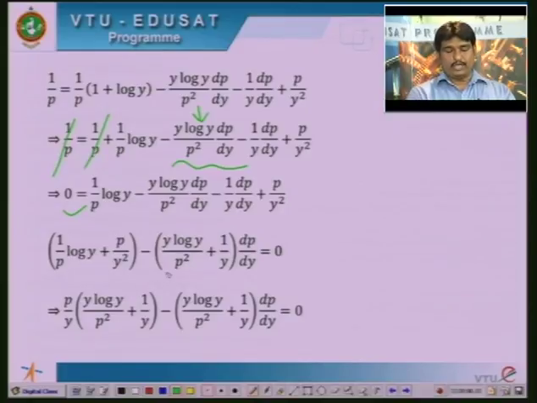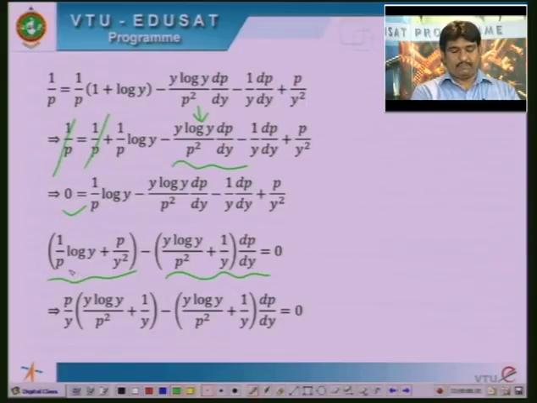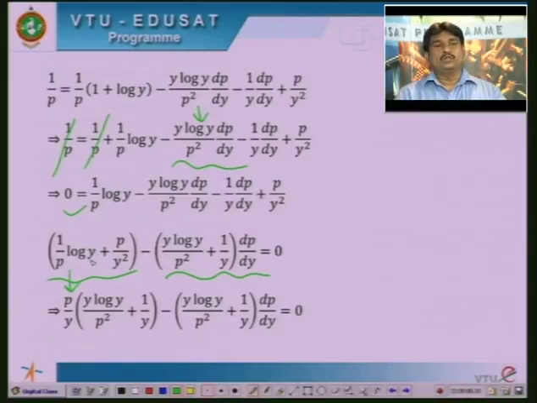Now group, you collect dp by dy terms and write the other terms as they are, and then to get a common factor, you take p by y common here. When you take p by y common, it becomes y log y by p square plus 1 by y, minus the second term as it is, y log y by p square plus 1 by y into dp by dy equals 0.